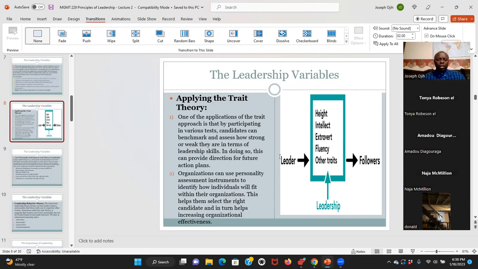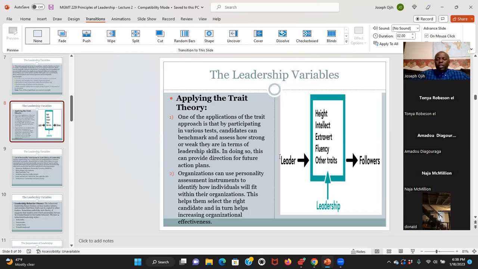Now, another application is that by participating in various tests, candidates can benchmark and assess how strong or weak they are in terms of leadership skills. There are some tests that can be done even when they want to promote employees to a leadership position.